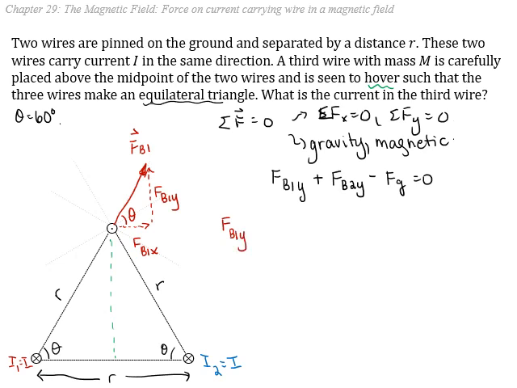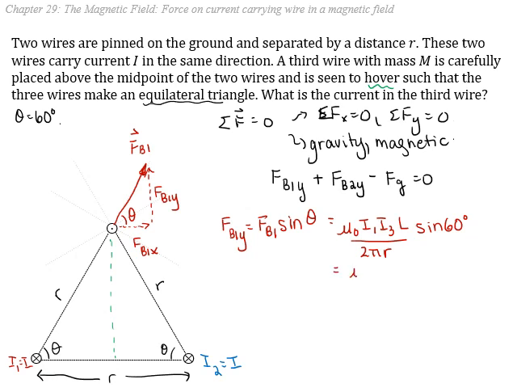FB1y, so the magnetic force on wire 3 due to wire 1, the y component, is FB1 times sine of the angle. The magnitude of the force we covered when we talked about the force between current carrying wires is the current on wire 1 times the current on wire 3 times the length divided by 2 pi r, where r is the separation between the wires, times the sine of the angle between them. That angle is 60 degrees.